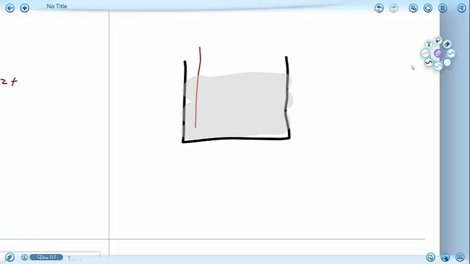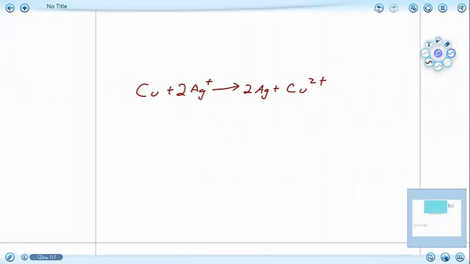After a while, what we would observe is the copper wire starts to get darker, and that's due to silver metal precipitating onto the wire, and the solution around the copper wire, if we don't stir it, is going to start turning blue, and that blue is due to the copper ions being dissolved into solution. So if we take a look at what's going on here, we started off with copper metal.